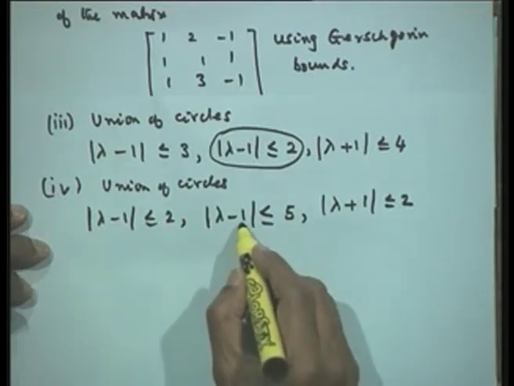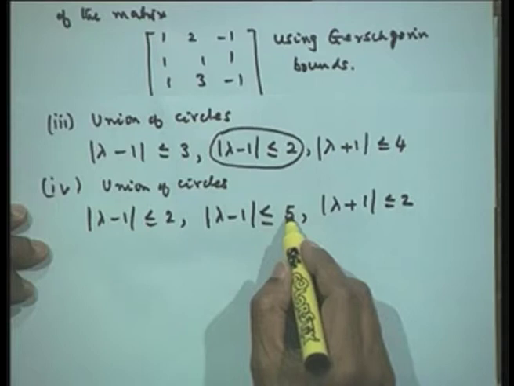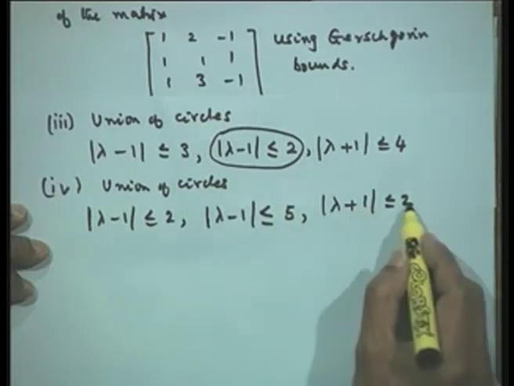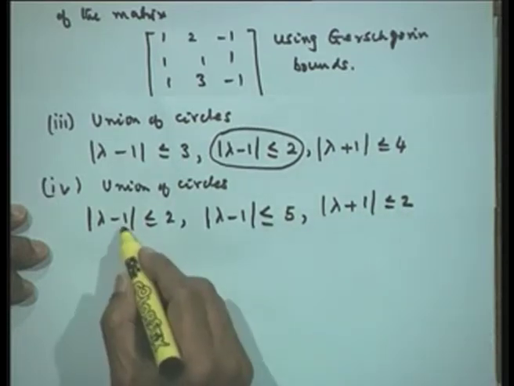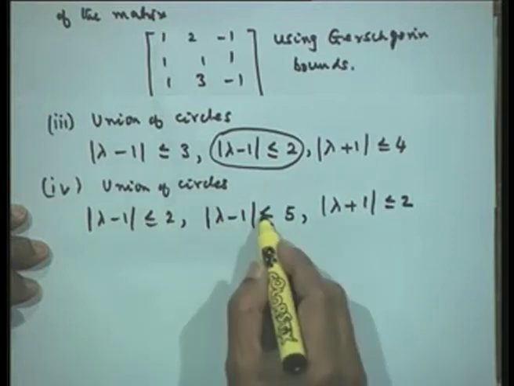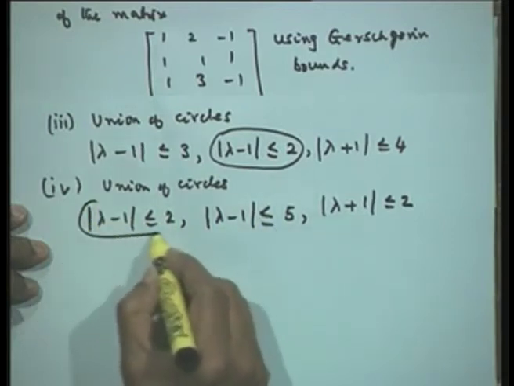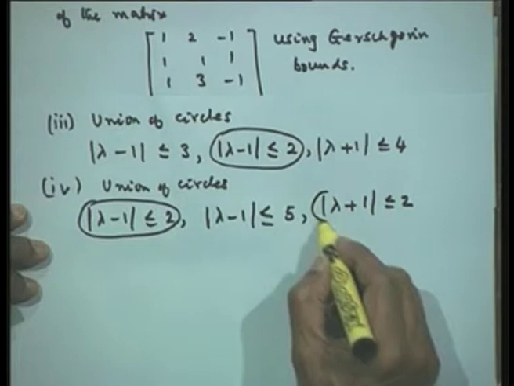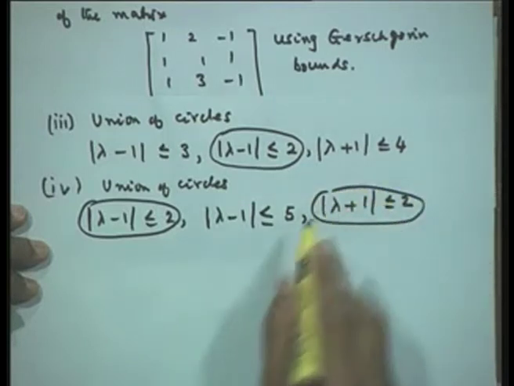This middle one, this circle with center at 1 radius 5, and this with center minus 1 radius 2, and this center 1 radius 2, both of them are contained in this one. So, these two bounds we need not even consider because they are contained in this.